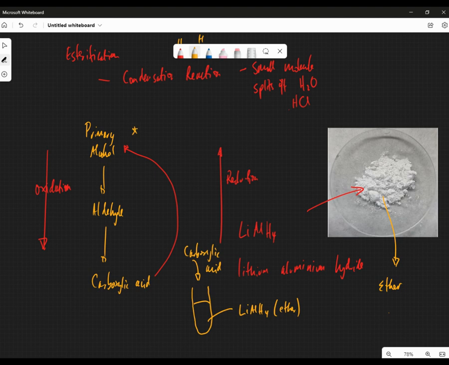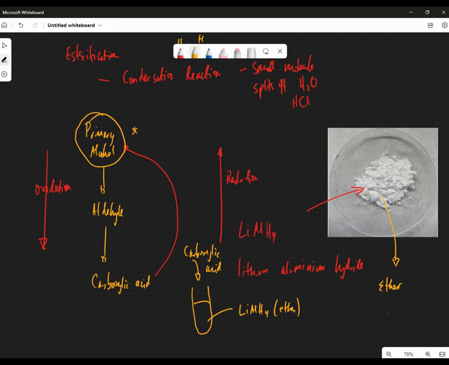So if you started off with propanoic acid, you'd end up with propan-1-ol. If you started off with ethanoic acid, you'd end up with ethanol. Don't forget, it reduces back to the primary alcohol. It's got to be a primary alcohol because you can't reduce back to a secondary alcohol because there's a ketone in the way.